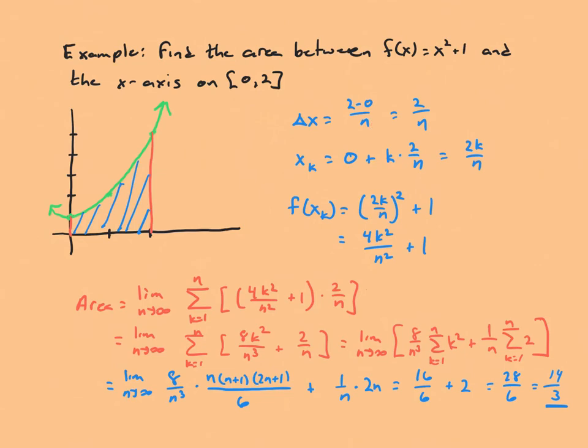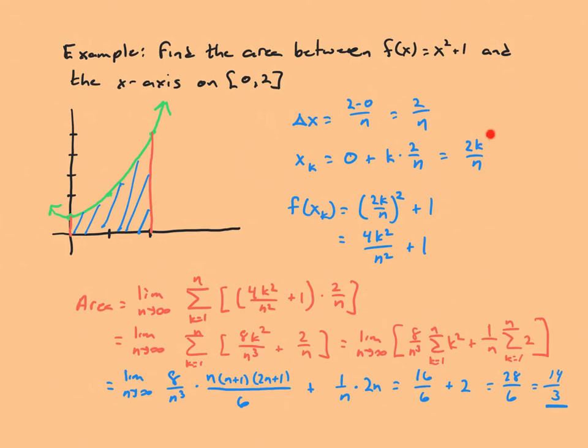Since we're going from 0 to 2, my sample points, x sub k, are going to be 0 plus k times 2 over n, which is 2k over n. Notice, this is the value I'm going to plug in for the variable so I can generate the height.